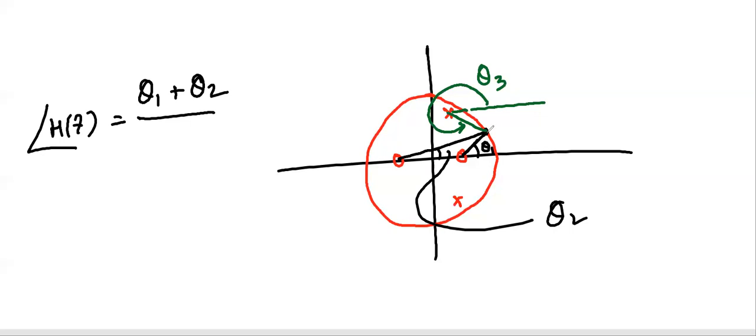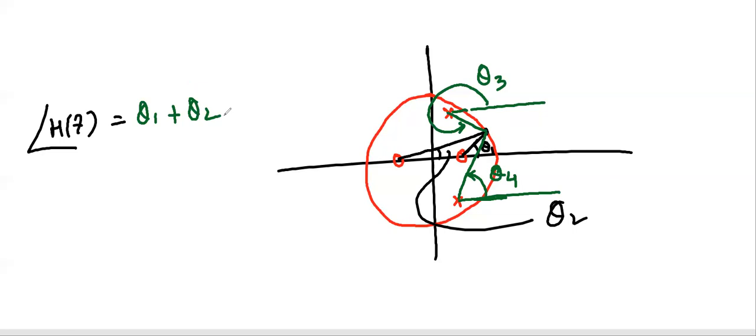And for the other one, you need to draw a line over there and the horizontal line. And this is theta 4. So now you need to subtract those. So theta 1 plus theta 2, this is from the zeros, minus theta 3 plus theta 4. So that is how you can find the phase value.